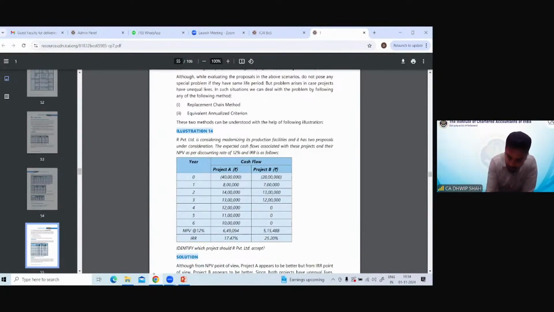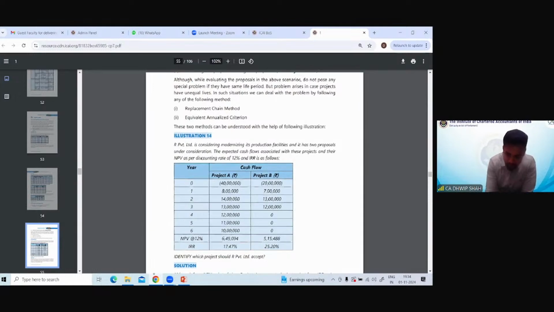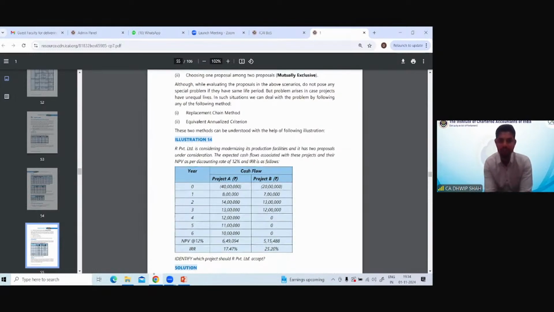So I can repeat this entire project B one more time, so that life of project A and project B will be 6 years now. That is replacement chain method. You can undertake the entire project one more time, so that life of project B also becomes 6 years and now it is at parity with project A.